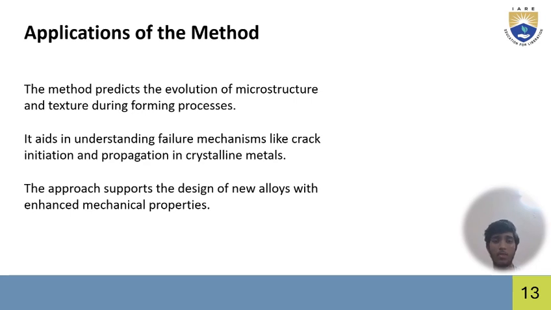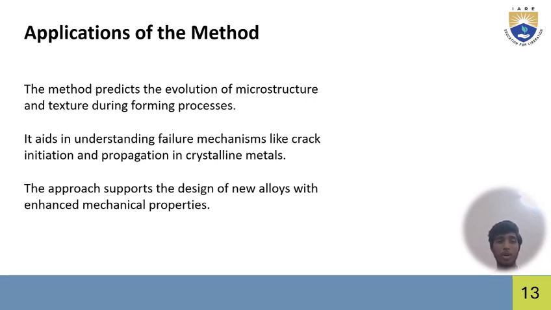Applications of the method. The method predicts the evolution of microstructure and texture during forming processes. It aids in understanding failure mechanisms like crack initiation and propagation in crystalline metals. The approach supports the design of new alloys with enhanced mechanical properties.